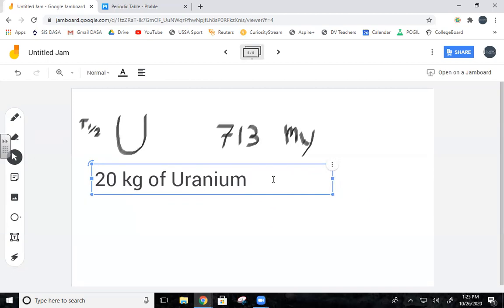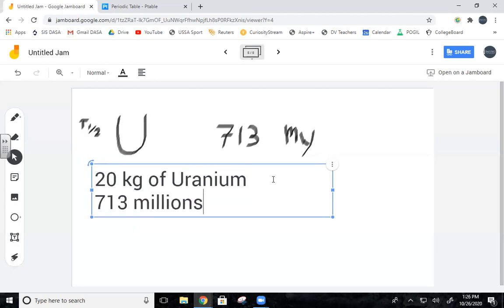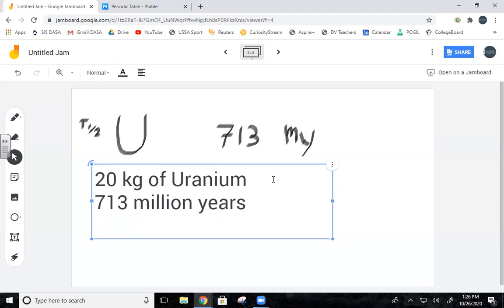So if we have 20 kilograms of uranium, and we allow 713 million years to pass, how many kilograms would I have after 713 million years? 10 kilograms.